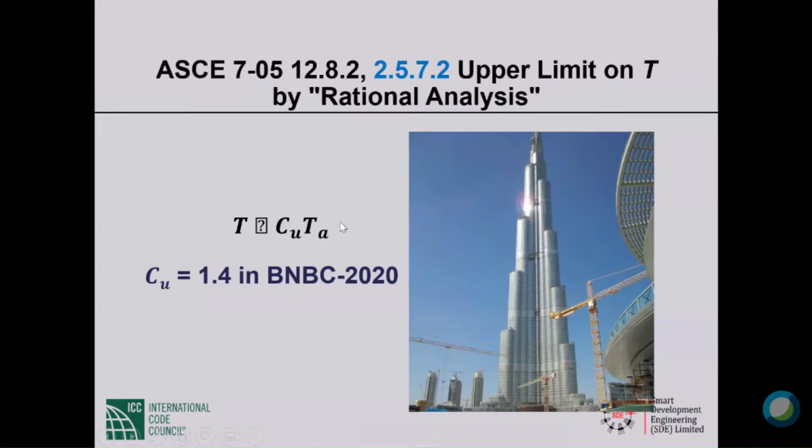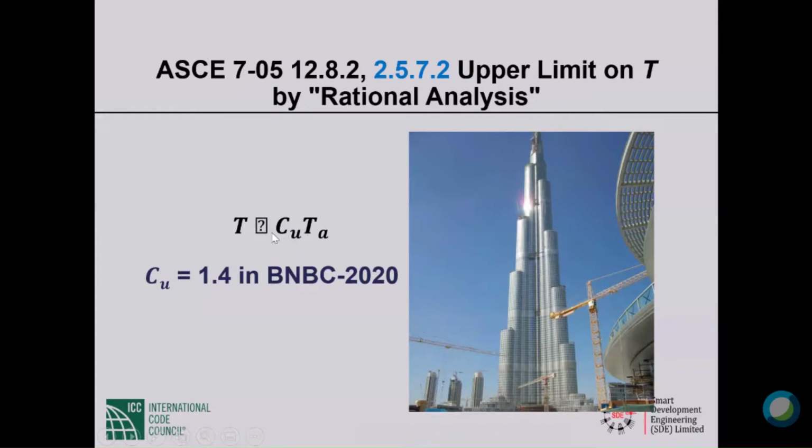Remember, the rationally computed period cannot be taken any larger than a multiplier times the approximate period. In ASCE 7-05, the rationally computed period shall be less than or equal to a multiplier C sub u times the approximate period.